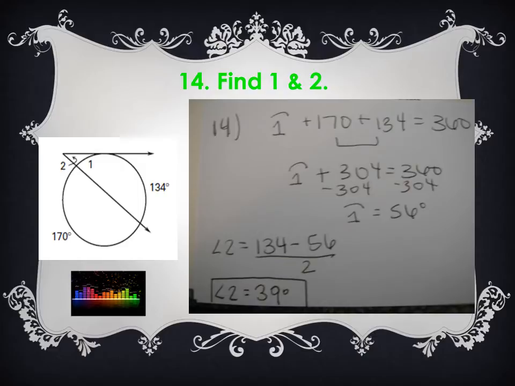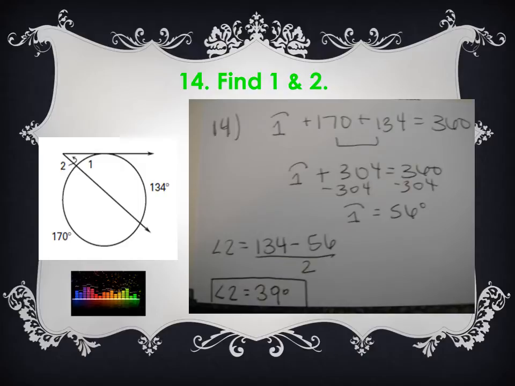Arc 1 plus 170 plus 134 equals 360. We combine like terms to get arc 1 plus 304 to equal 360. Then we subtract 304 from both sides and we get arc 1 is 56 degrees.